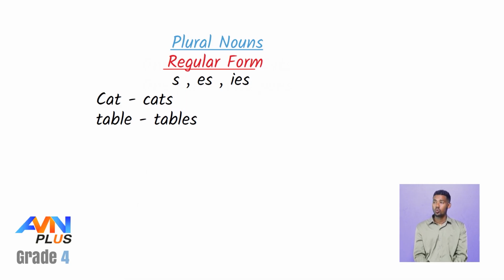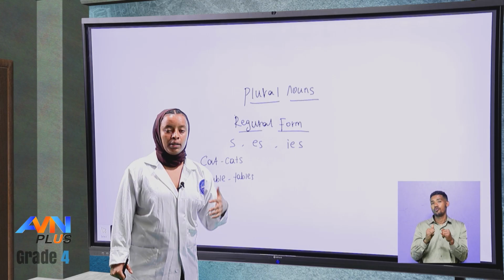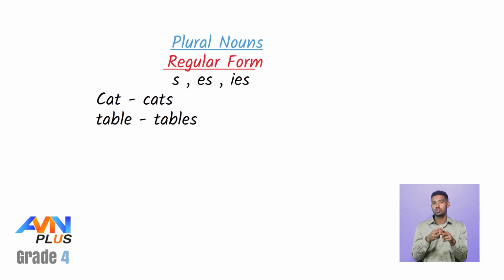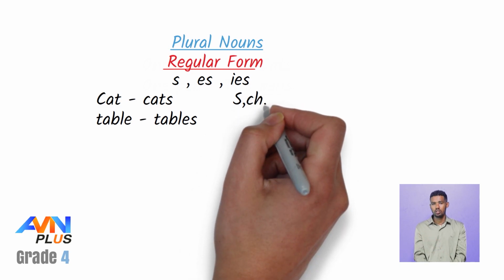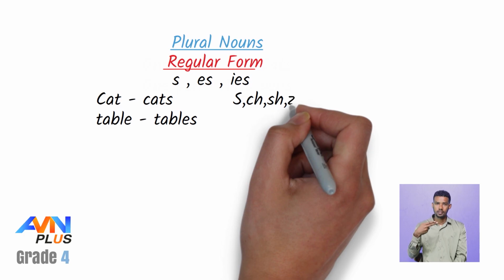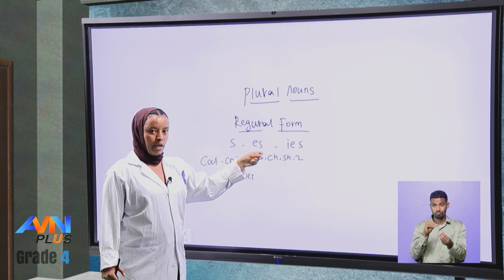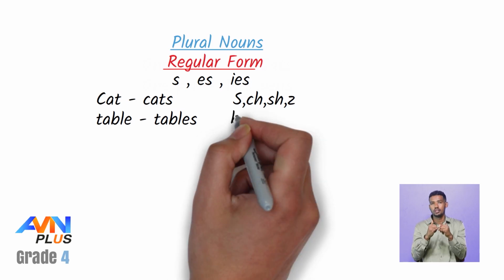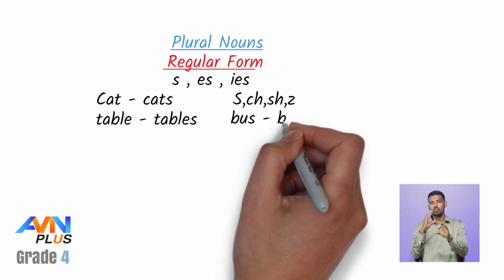When we come to es, add es at the end of nouns ending with s, ch, sh, and z. We can add es at the end of these nouns, like bus, buses.